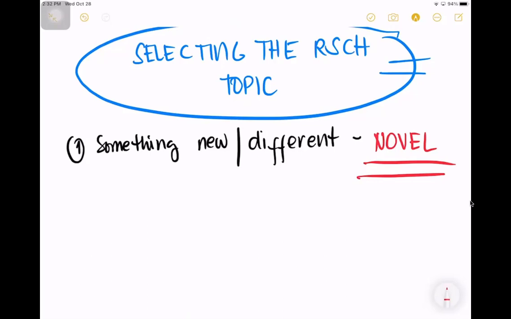And remember, if we are trying to modify research studies that were previously done, contextualize them according to our setting and locality, and make some different changes in your elements or in your variables, that could be novelty already. As long as it's unique, as long as it's not a full copy of a previous study, then we could achieve novelty for our research topic.